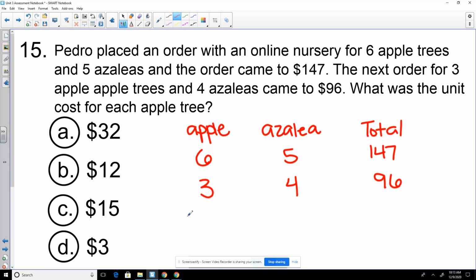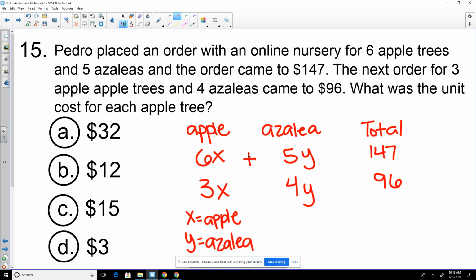So we're going to use X for apple and Y for azalea. So the system that I have here is 6x plus 5y is 147, and 3x plus 4y is 96.